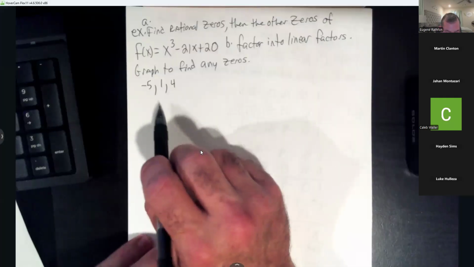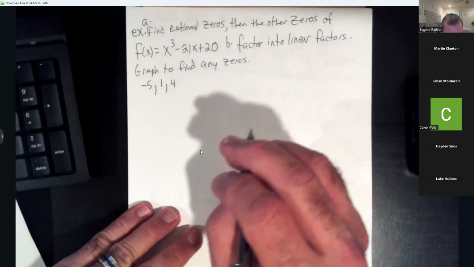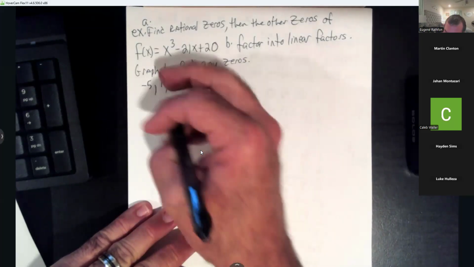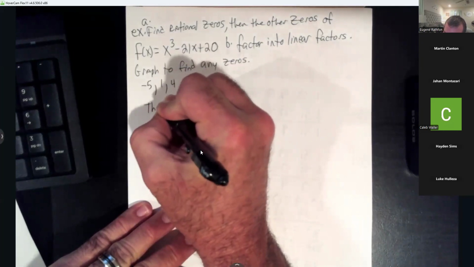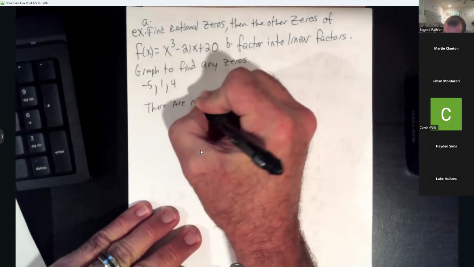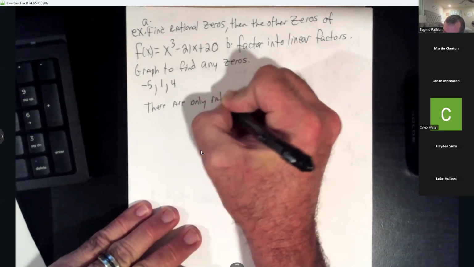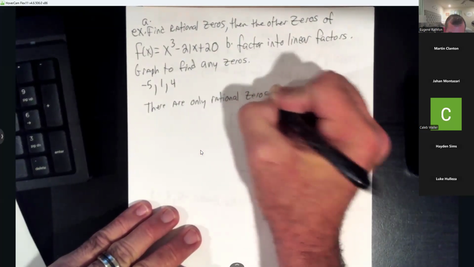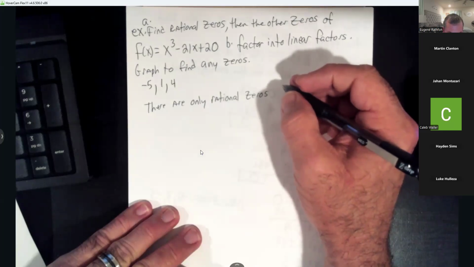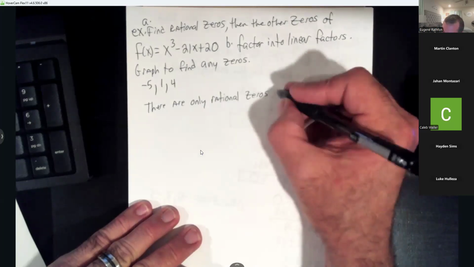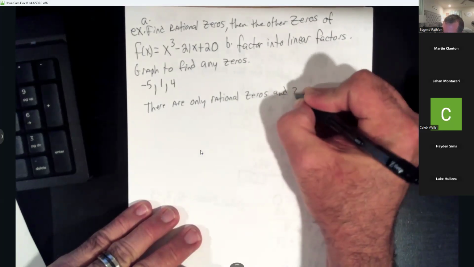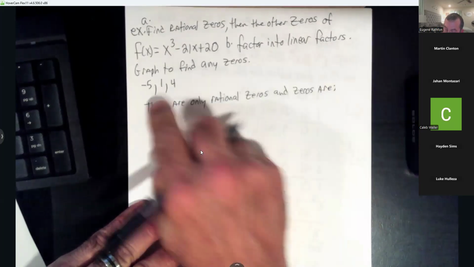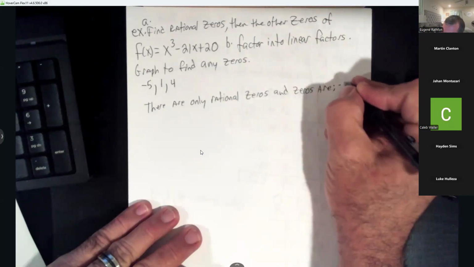So it'll have A, B, and C. All 3 of these are rational zeros. So on this one, I would put there are only rational zeros. And the zeros are negative 5, 1, and 4.